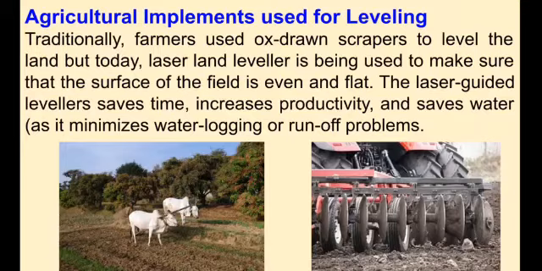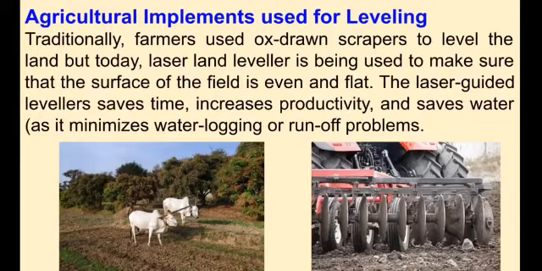So that is why nowadays the machine method is very popular to level the land uniformly. The laser guided leveler saves time, increases productivity and saves water, as it minimizes water logging or runoff problems. So these are all very important machines which are very helpful for plowing and leveling the field.